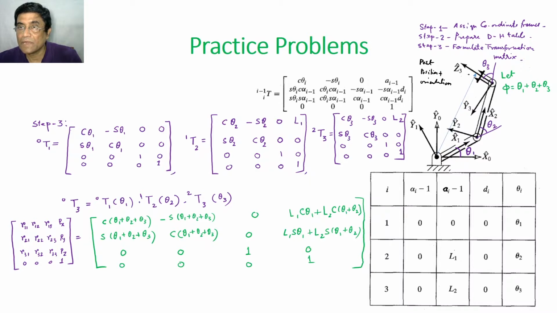Suppose I have a plate like this. The gripper can orient its pose because it now has 3 degrees of freedom, and 3 degrees of freedom are needed on a plane.